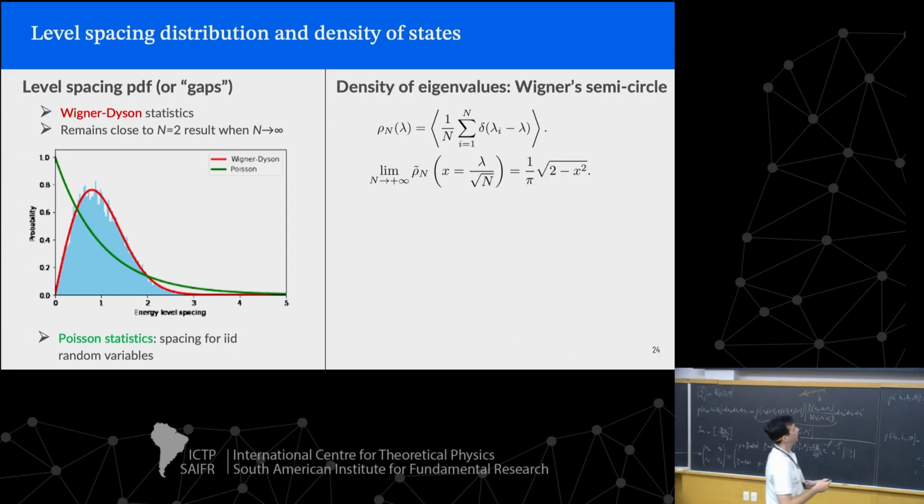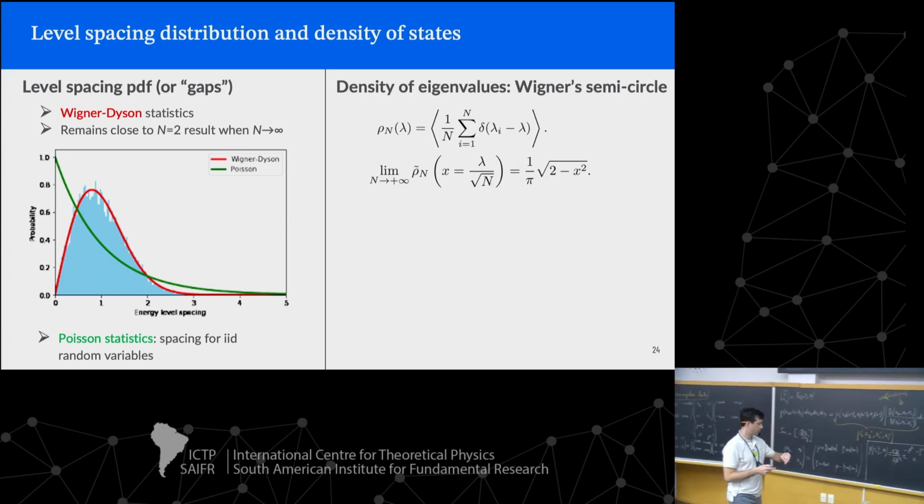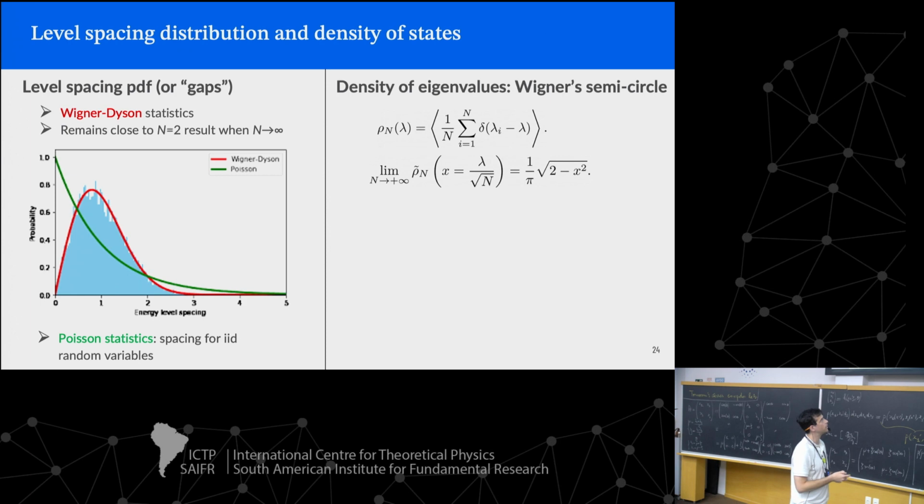Okay. I'm interested in something else which is fundamental in this field, the density of eigenvalues, which is basically the number density of eigenvalues at a given position lambda. So just counting how many of your eigenvalues land in a small interval centered around lambda.